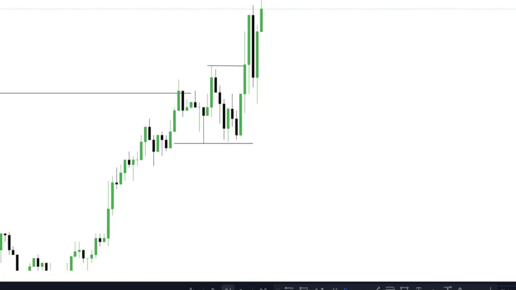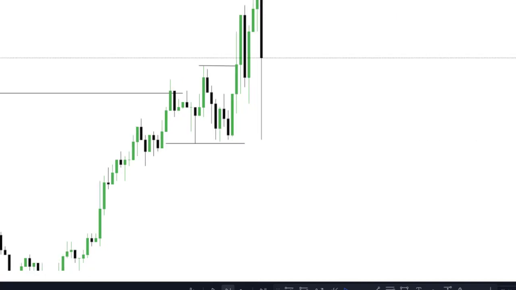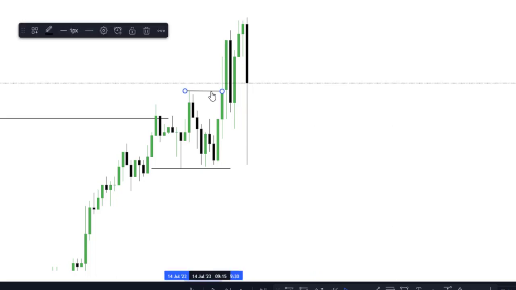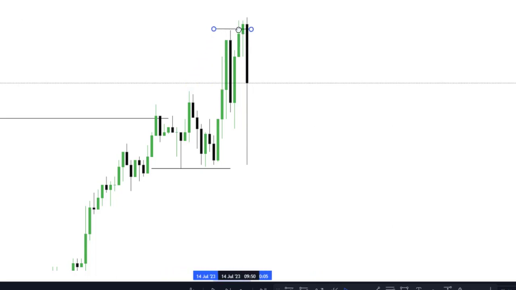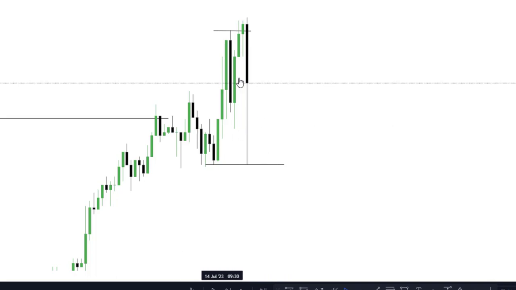If we keep on playing, as you can see, we have another high being taken out right here, and our recent low is this wick here. So to validate our market structure shift, we need to see the price take out this low.